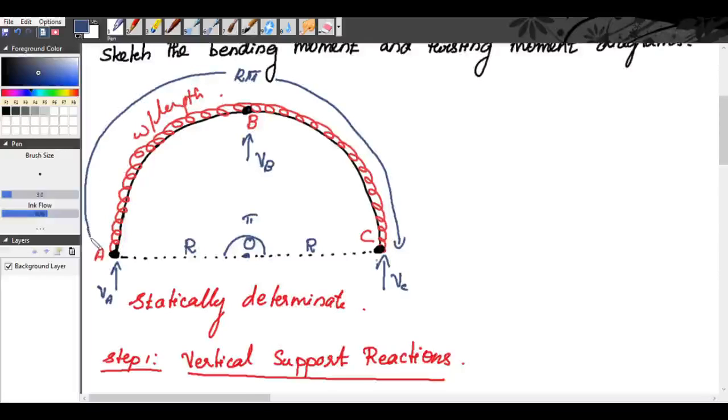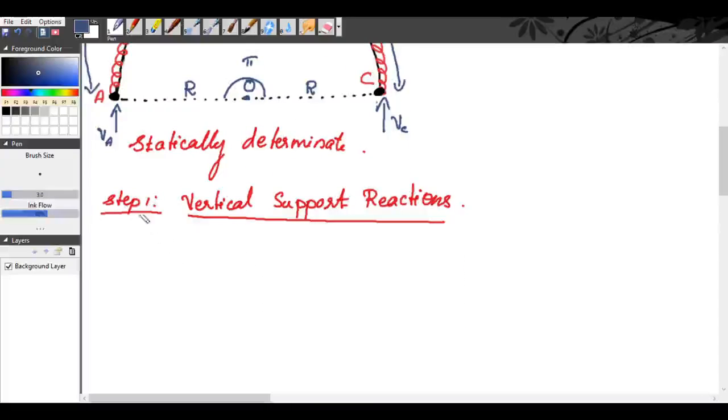So this distance is R into pi. Now, listen carefully. The total load will be equal to W into the length R pi. So total load on beam ABC will be equal to the intensity of load W times the total length of the beam R pi, so W R pi.